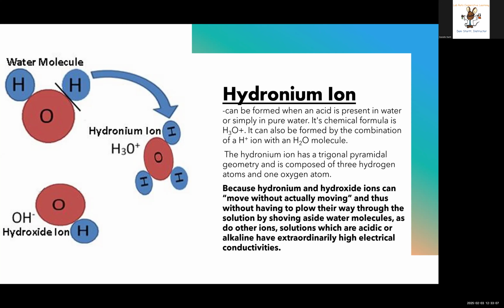They don't have to plow their way through a solution by shoving aside water molecules as other ions do. Solutions which are acidic or alkaline have extraordinarily high electrical conductivities, and this is why. It's almost as if the charge kind of hops from place to place because these ions will form and then switch back, which makes a path for electrical conductivity.